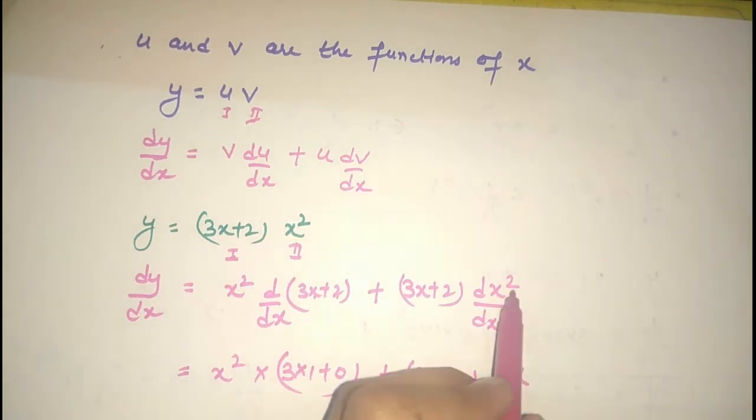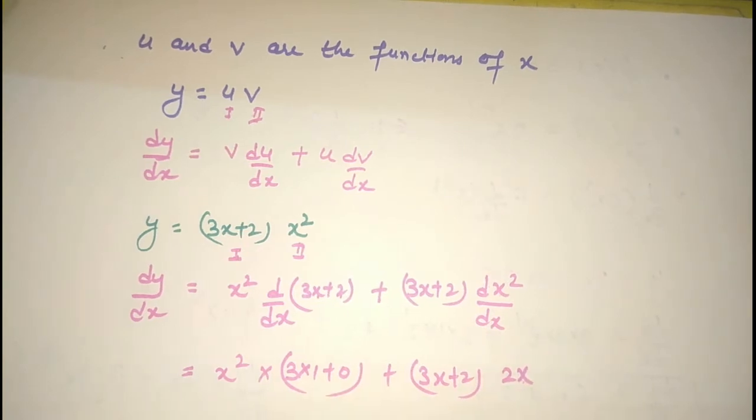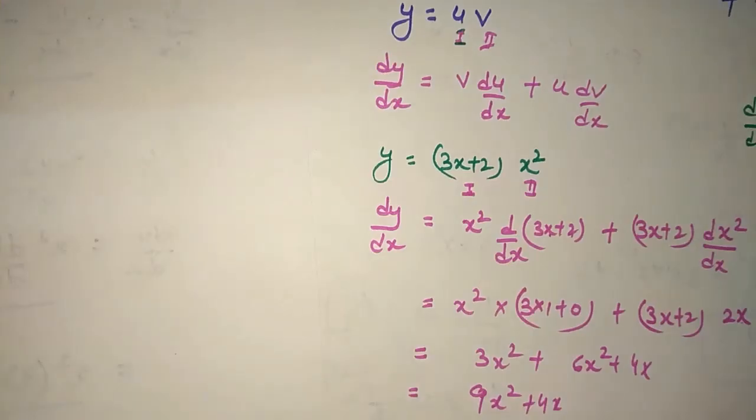Why 2x? Because when we bring the exponent in front and reduce the exponent by 1, 2 minus 1 is 1. So on solving we get 3x square plus 6x square plus 4x and it becomes 9x square plus 4x. So this is our required answer, 9x square plus 4x.